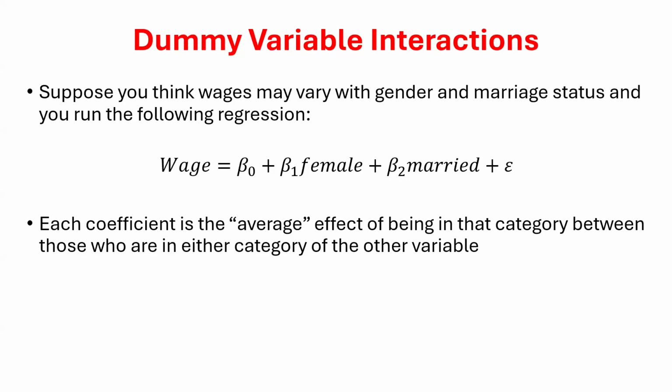So for a married male, we might have beta 0 plus beta 2. Okay. Maybe in the workplace, if you're married, that shows the company you're a little more stable, and so maybe they reward you with higher wages. I don't know what the actual values are, but this is some intuition that maybe we're using.